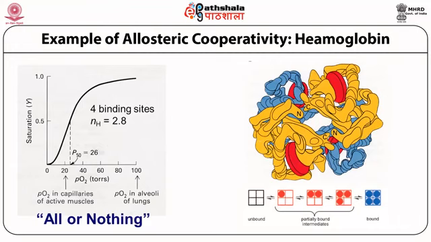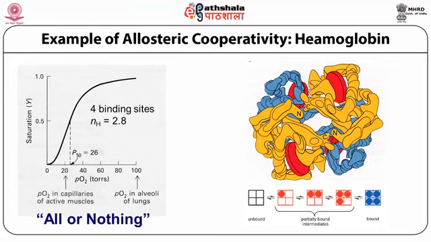If we look at the system where oxygen binds to hemoglobin, what you see is hemoglobin's quaternary structure, where you have 4 subunits, and each subunit can bind one oxygen. Now when it binds one oxygen, it shows positive cooperativity, and all 4 binding sites of the hemoglobin get populated by oxygen.